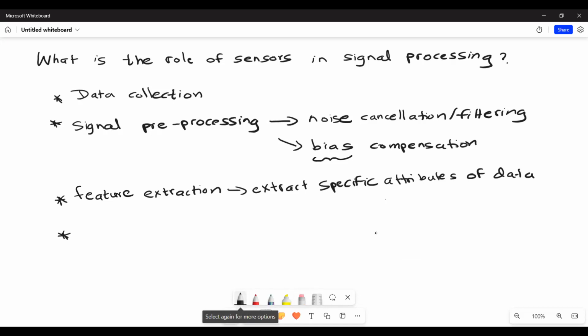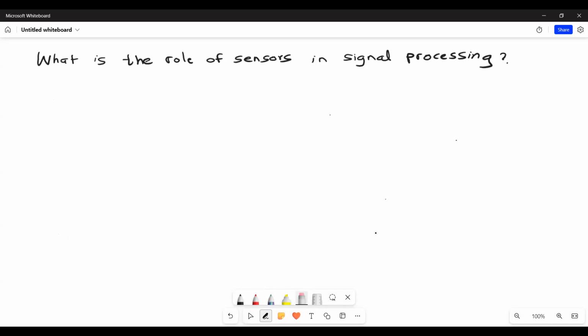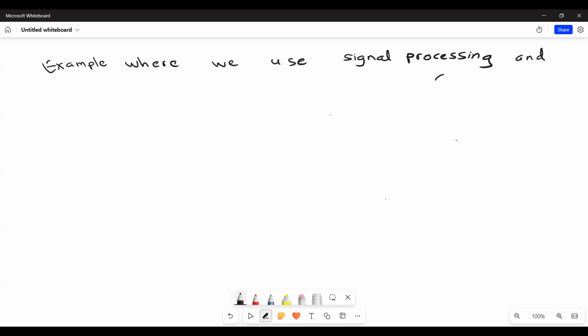So I think now I will discuss another example where we use signal processing and communications.